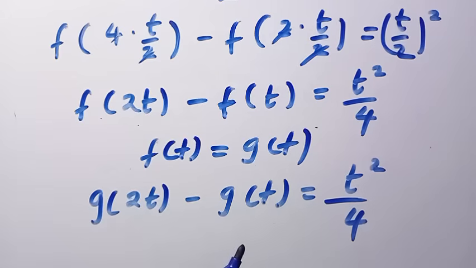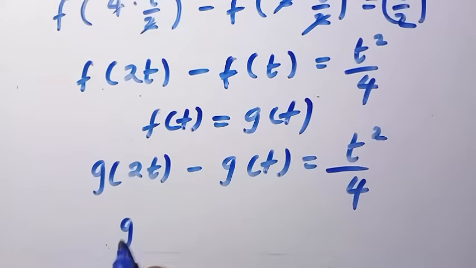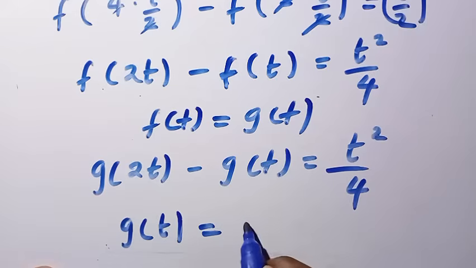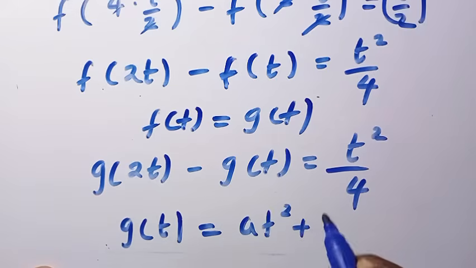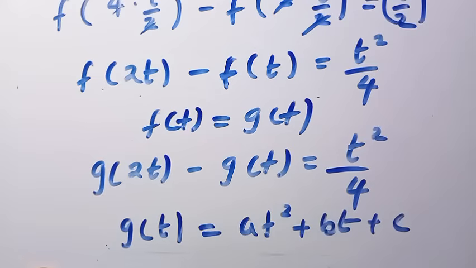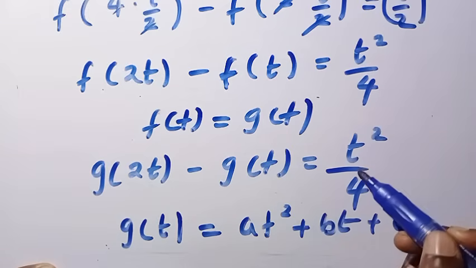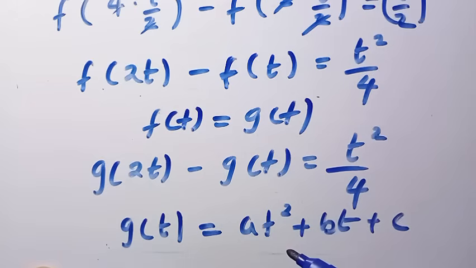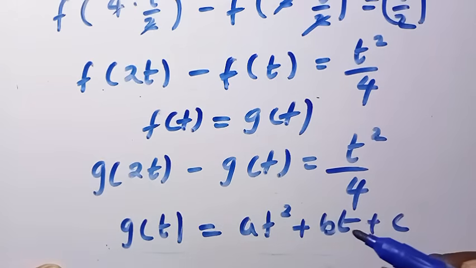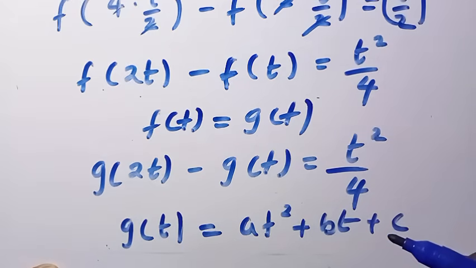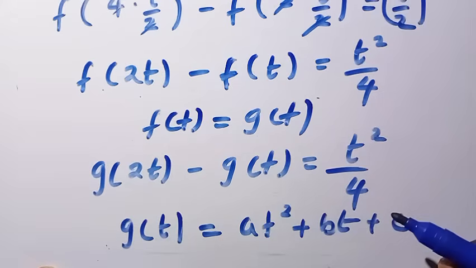Then we can assume the general solution g(t) equals at squared plus bt plus c. When we solve this one as well, we are going to get something like what we got initially. It only changes a little bit from the beginning. So this is more robust than the first one, and we get the same answer applying either one.